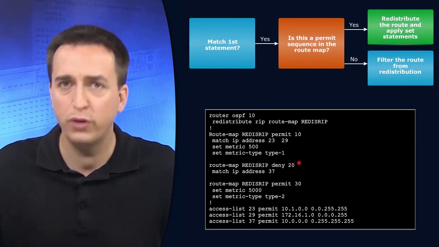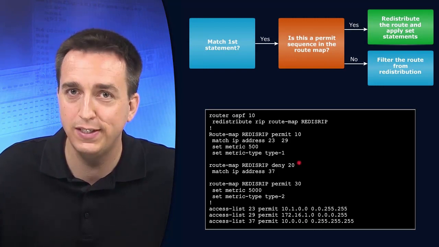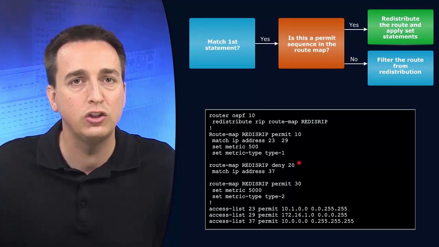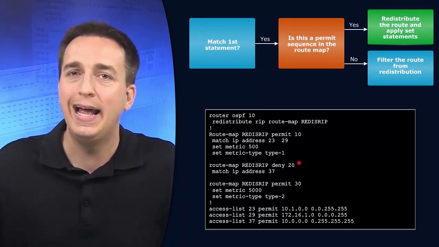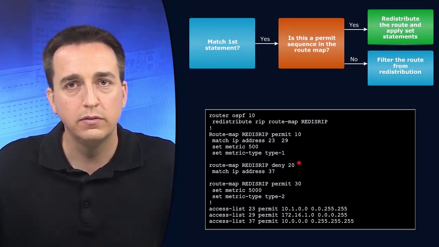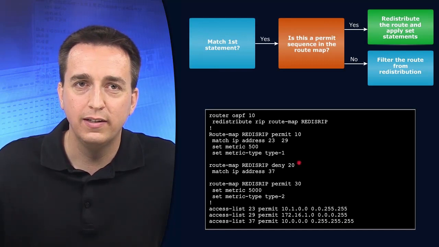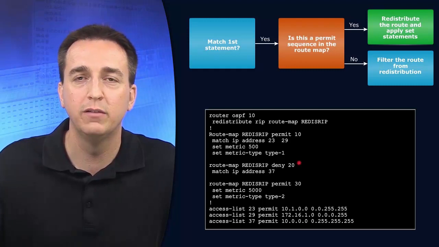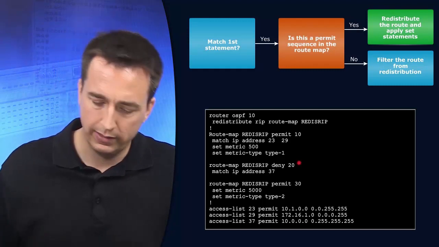So I've pretty much given the sentence, haven't I? Sequence number 20 states do not redistribute any route that matches the IP addresses in access control list 37. And what is that, by the way?